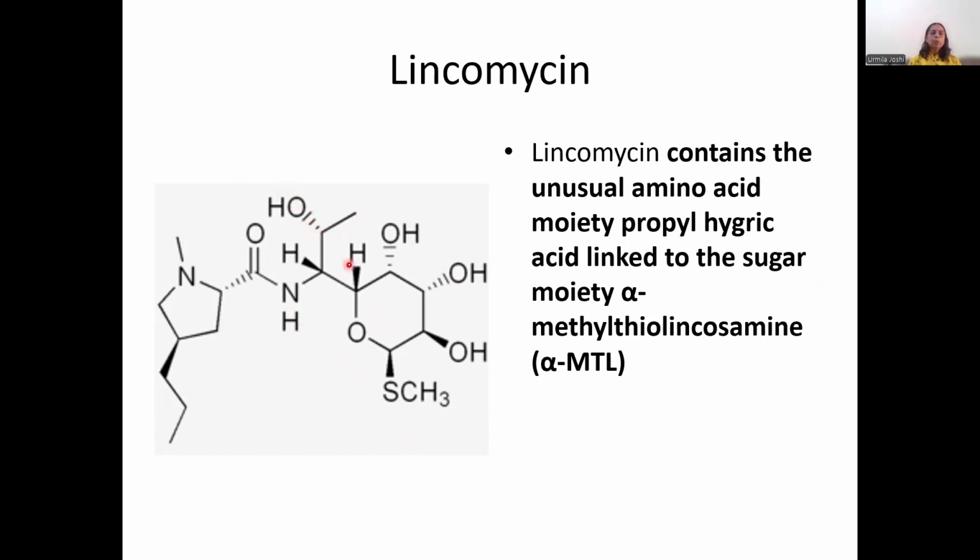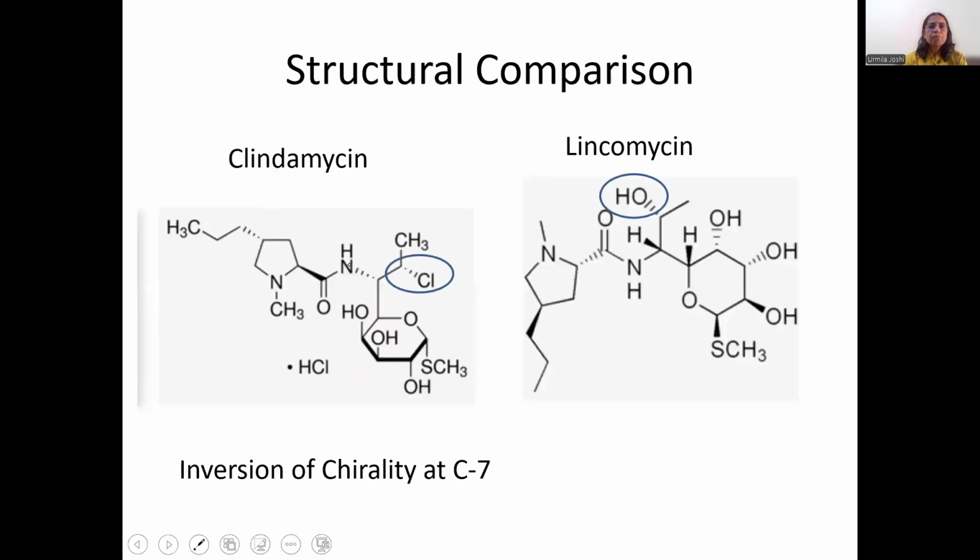Okay, that is the only difference between the structure of clindamycin and lincomycin. Just have a look at this slide and you will understand this comparison. This is clindamycin with chloro, and this is lincomycin, which has an OH group.